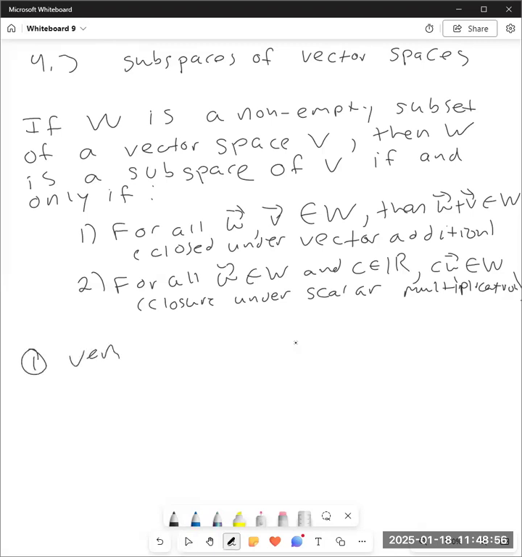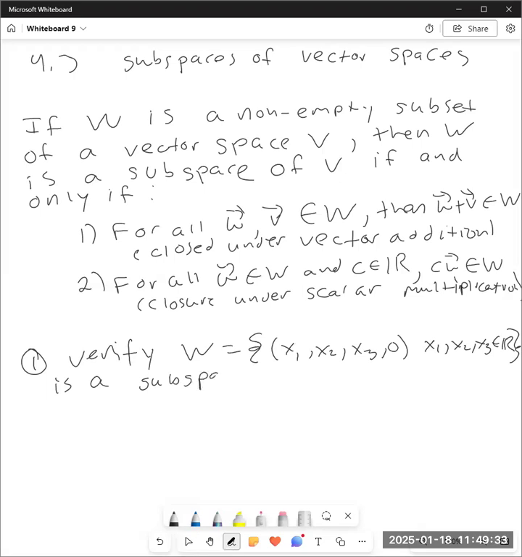So we want to verify that W, being the set of all tuples x1, x2, x3, 0 with x1, x2, and x3 elements of the real numbers, is a subspace of R4.